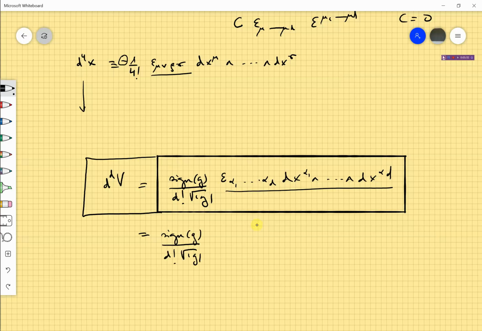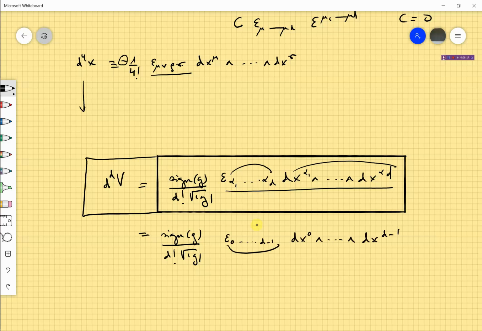Okay, and I get d factorial terms which always add up, because any permutation of this corresponds to the same permutation of that. So this would be epsilon 0 up to d minus 1 dx0 ... dx d minus 1.